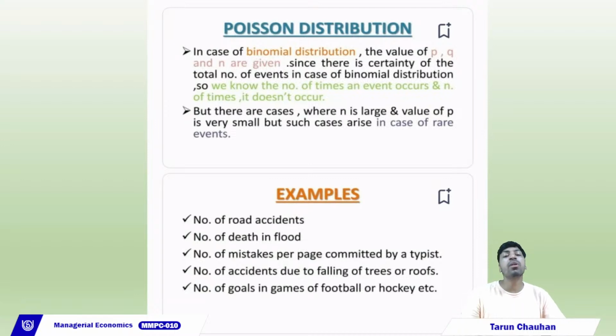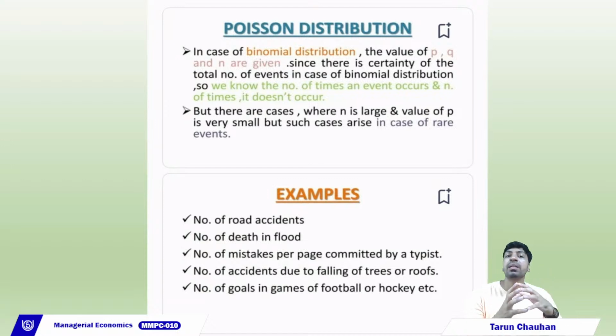That is, the number of road accidents, the number of deaths in floods, the number of mistakes per page by a typist, the number of goals in a game. These are the possibilities where the Poisson distribution can be used, because these are natural, rare events, where we use the Poisson distribution and not the binomial distribution.